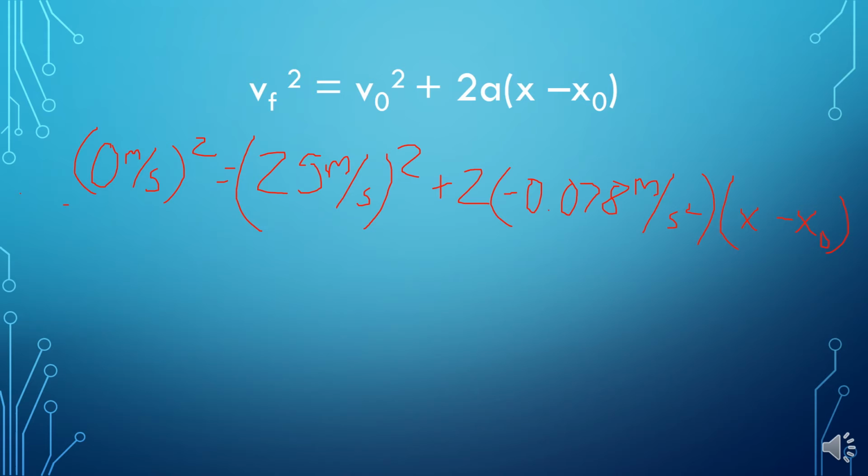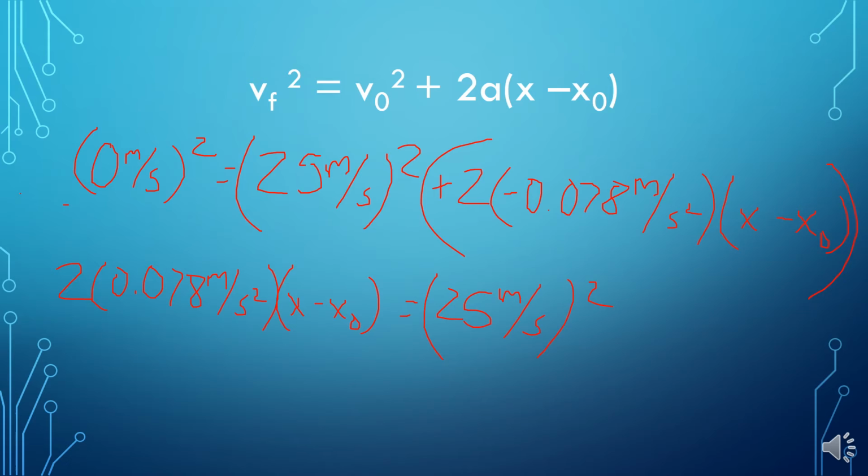I'm going to move this whole term over to the other side, so that negative is going to go away. So I get 2 times 0.078 meters per second squared times x minus x0 equals 25 meters per second, and that whole term is squared.